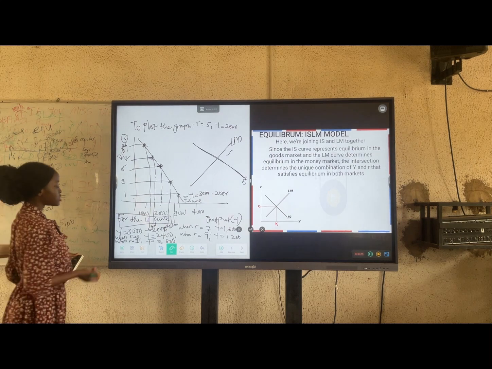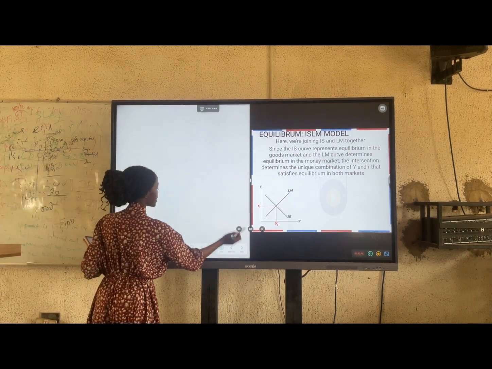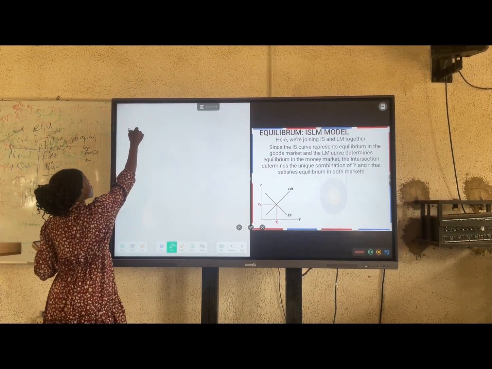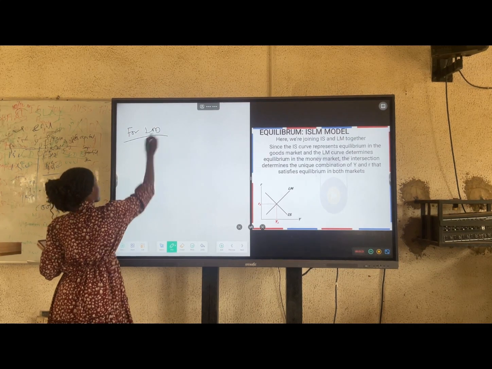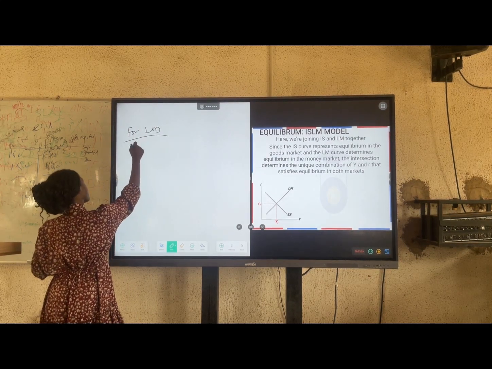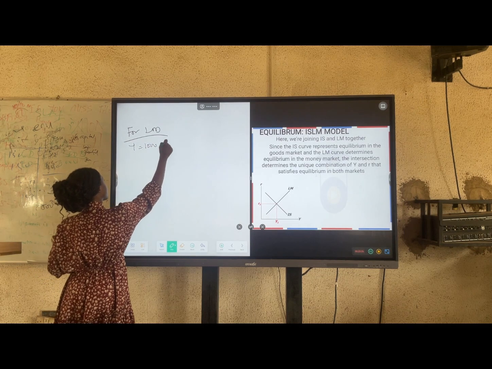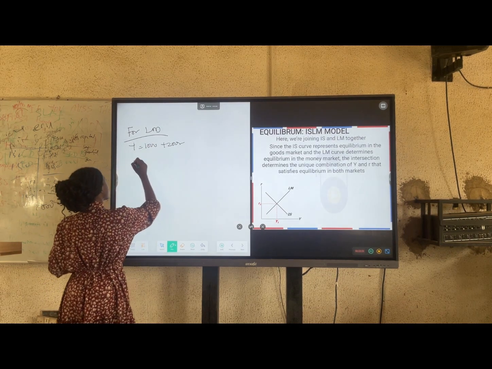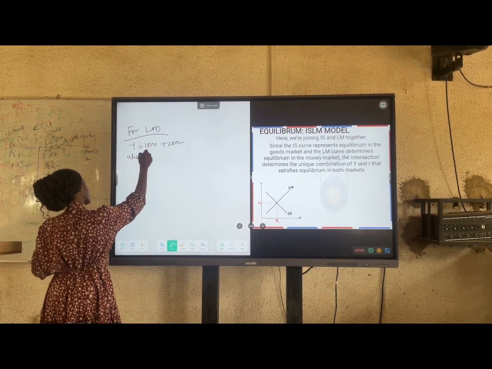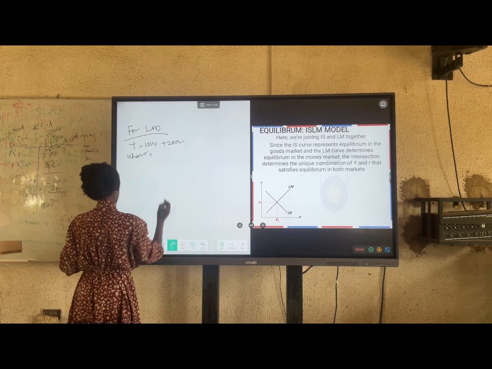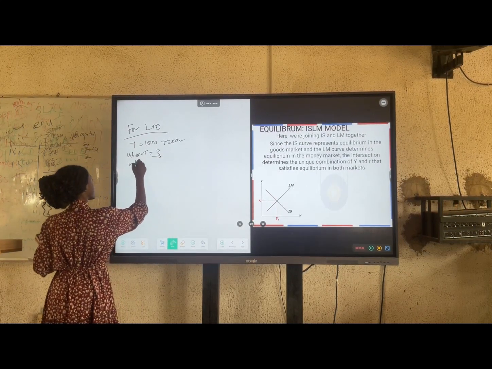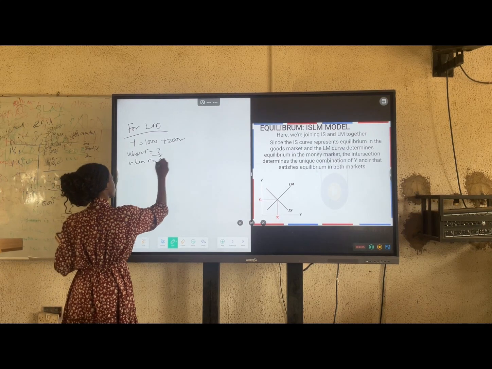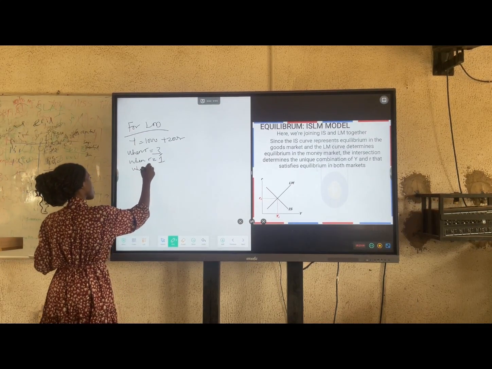Now for the LM curve, we have our output Y to be 1000 plus 200R, and we have our R to be 3, 1, 7, and 9.